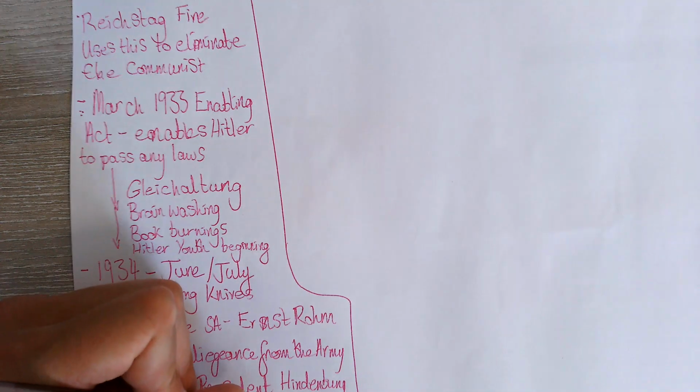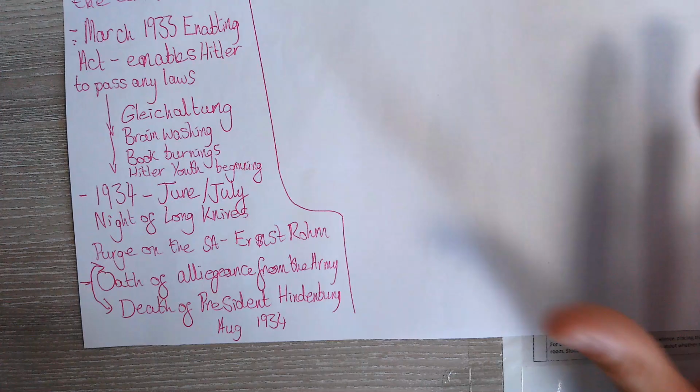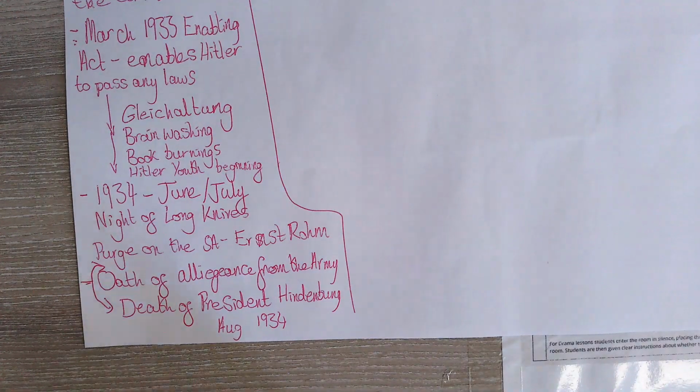And that happens in August 1934. After that date, Hitler becomes the Führer, because that's a position of his own making. It means leader.